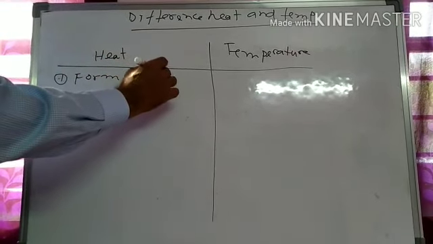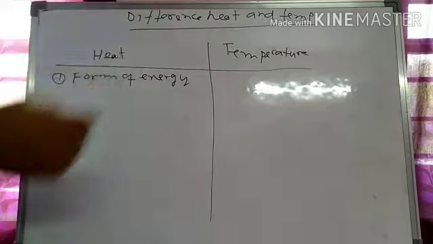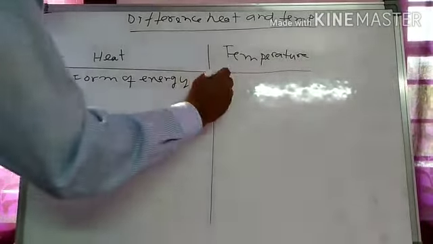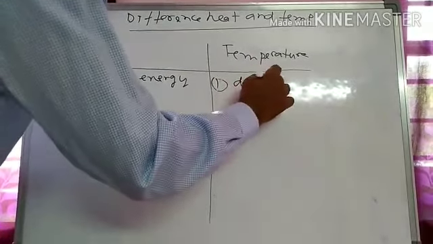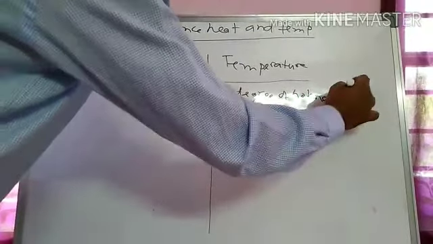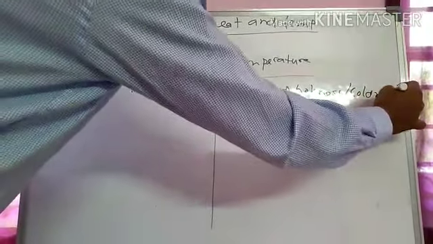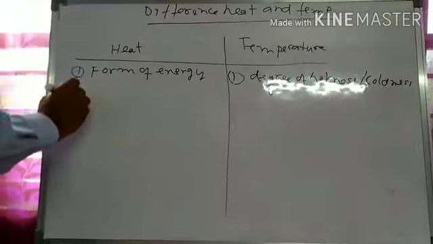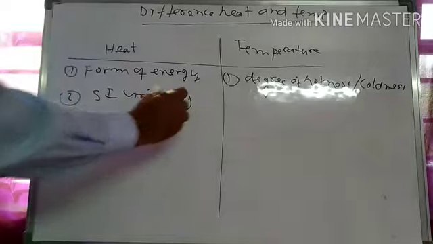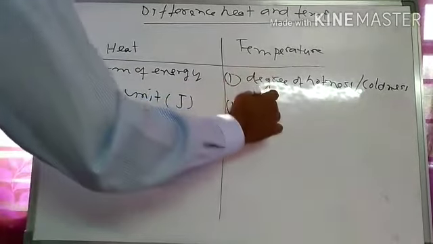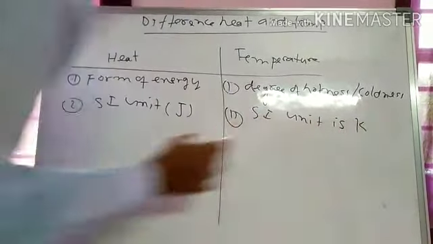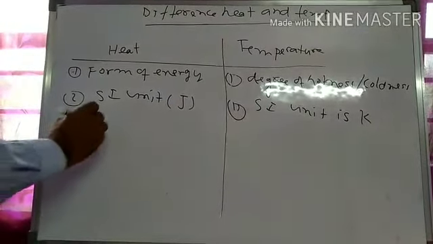Temperature is the degree of hotness or coldness. Second, the SI unit of heat is joule. The SI unit of temperature is Kelvin.